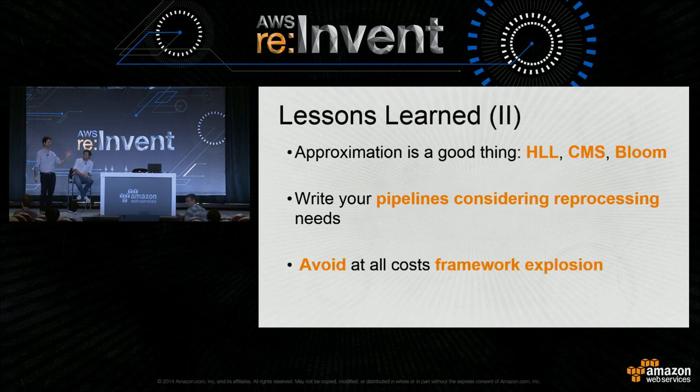And as you see, avoid at all costs the framework explosion. It's a tricky lesson learned, because we had to go through all this path to understand what works for us. But on the other hand, when an engineer comes to work at Sociometric, it's really hard for him or her to understand all the patterns and everything they need to understand.